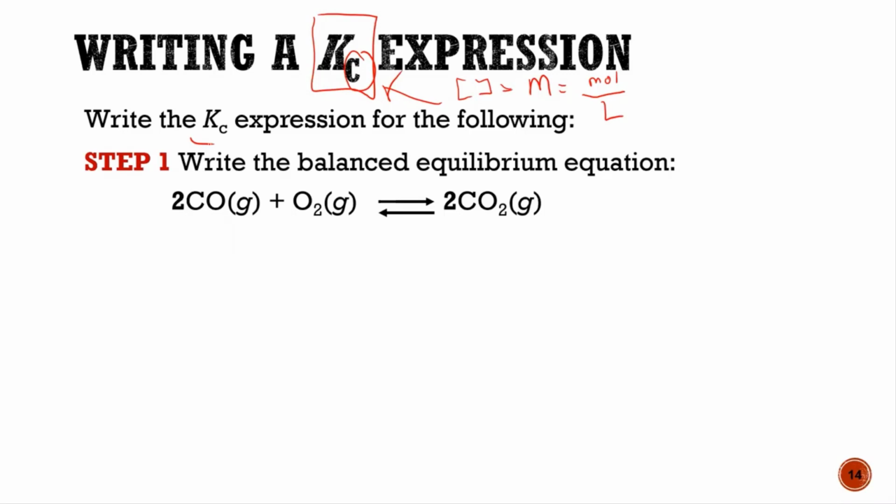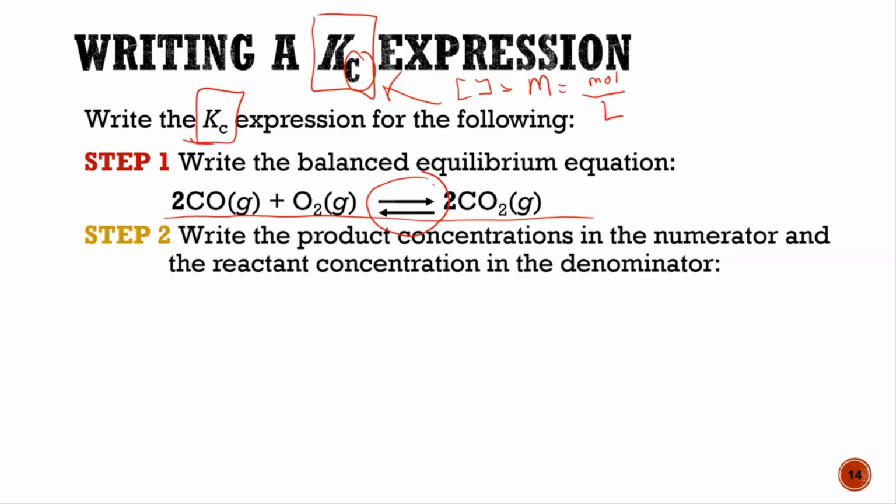So if I have a balanced equation, the first thing I want to do is check: is there a double arrow? If there's a double arrow, that means it's in a state of equilibrium. I could have a forward and reverse reaction. If it's in a state of equilibrium, I can write out a quotient, or an equilibrium constant, to represent the concentrations of this equilibrium equation.